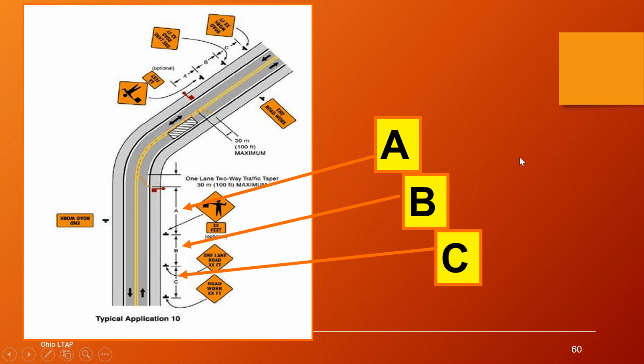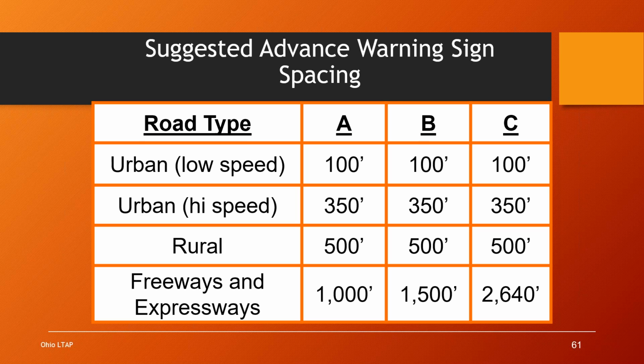Our job now is to convert that letter A to a specific number in feet, right? To do that, we use the tables provided, like the tables on page 17 of the guidelines for traffic control in work zones, or it's also in the beginning of part 6 of the temporary traffic control manual.